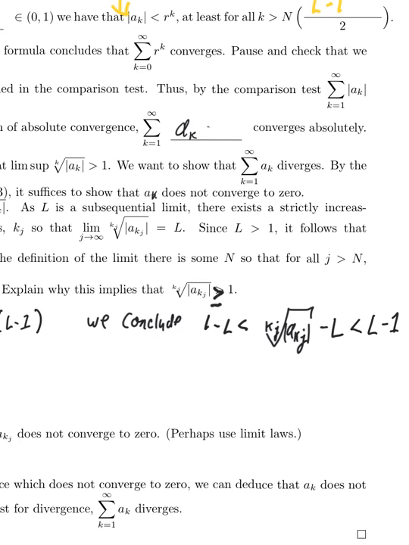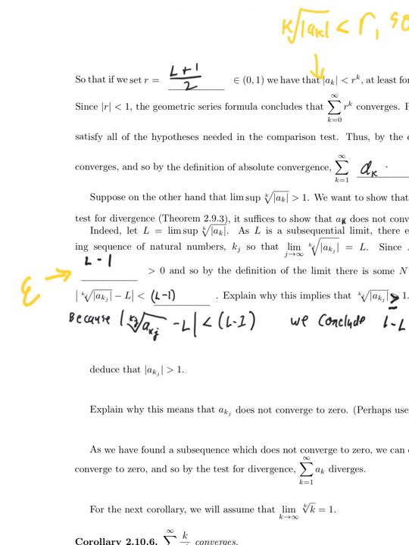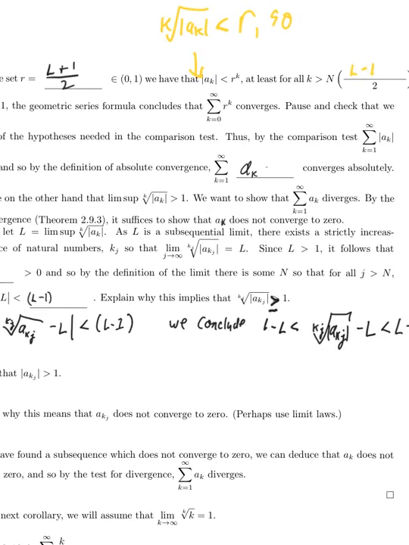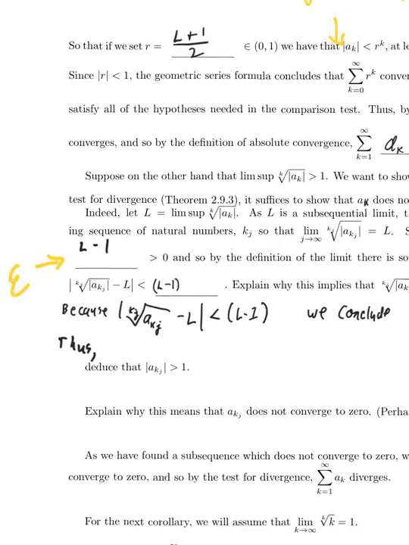Well, let's take that and solve it for a sub k sub j. Thus, I guess I want to subtract L from everything in sight.